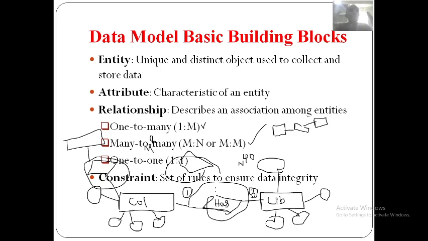Constraints are nothing but a set of rules to ensure data integrity. Set of rules means, see, now a lockdown is going on. Every time they impose a lockdown, they set some protocols and rules. This time, what is the rule? All the classes should run online.